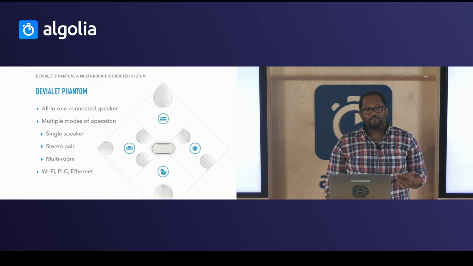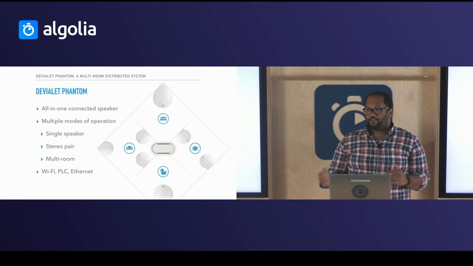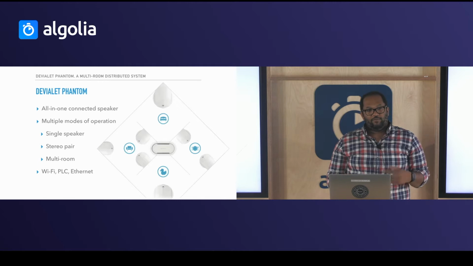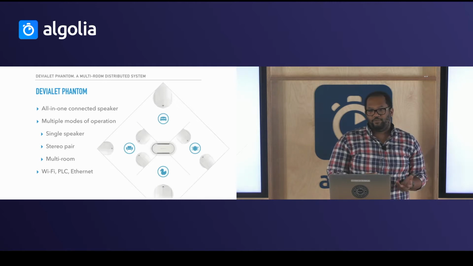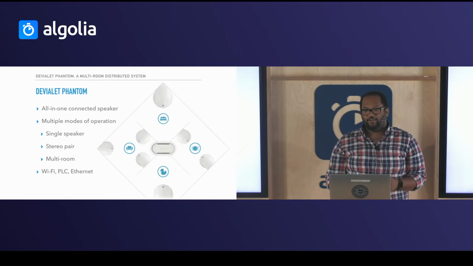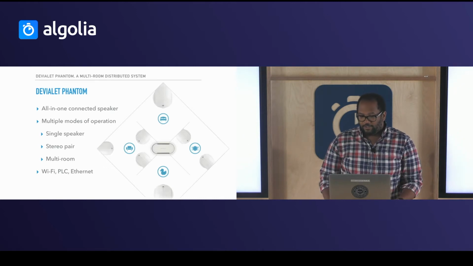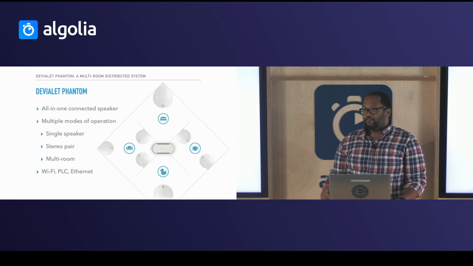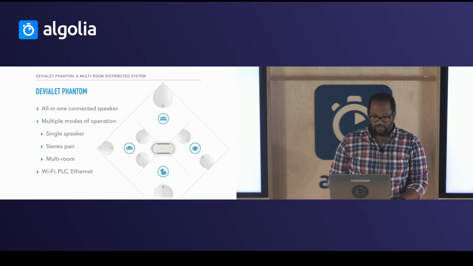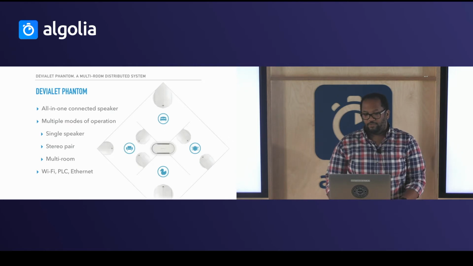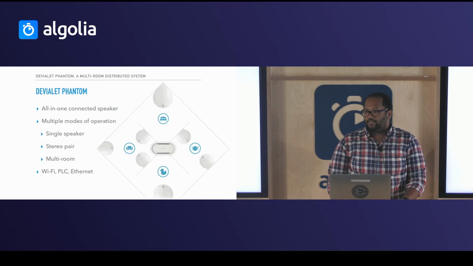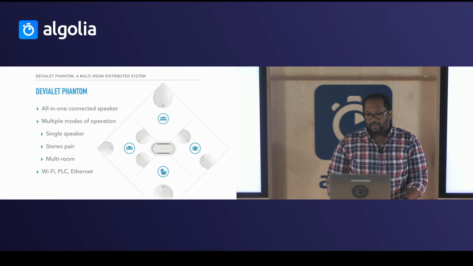So multi-room is basically you have different speakers in different rooms in your home, and you're able to stream music to a specific room or to play music throughout your house in a very synchronized way. So it supports multiple ways of connecting to the network, and that will have some importance later. So we support Wi-Fi, PLC, which is basically networking through your power mains, and Ethernet.